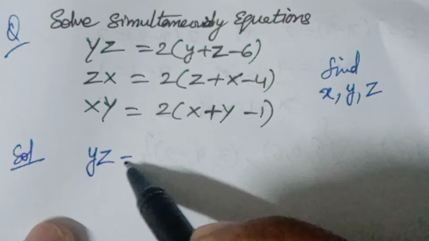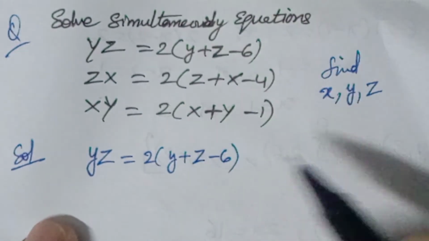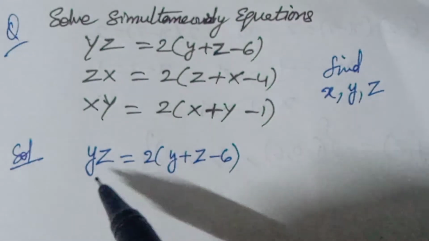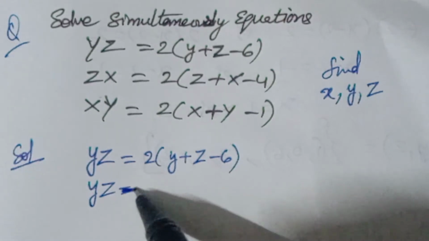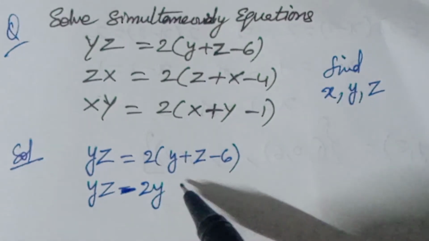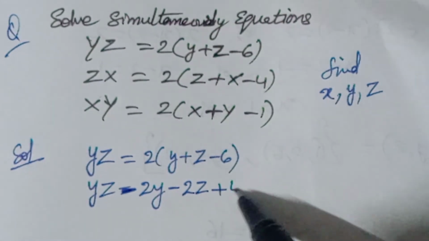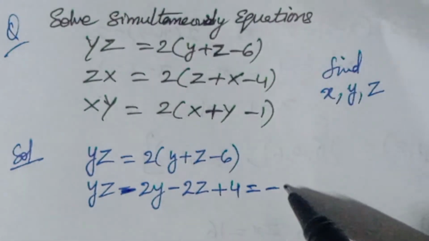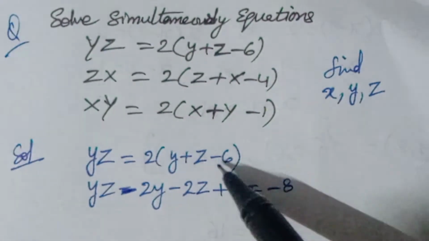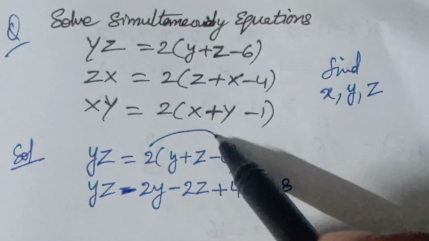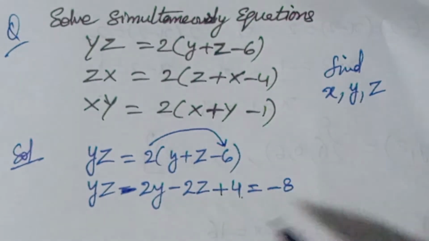Given yz is equal to 2 into (y plus z) minus 6. So here you can write yz is equal to minus 2y minus 2z plus 4 minus 8. So here you'll get 12, because 6 twos are 12. So you can write plus 4 minus 8, meaning 8 plus 4 will get 12.